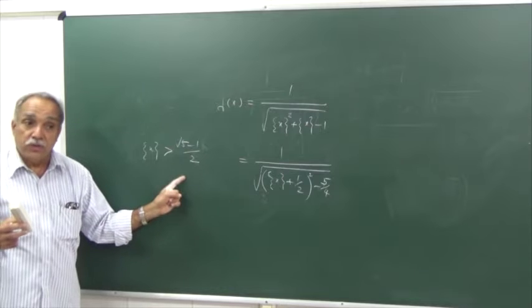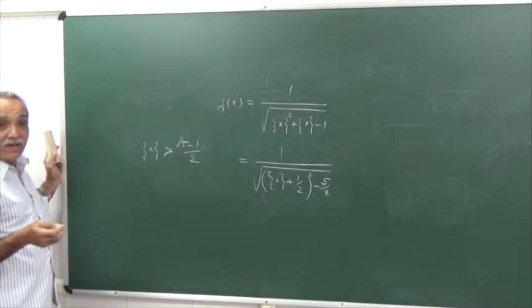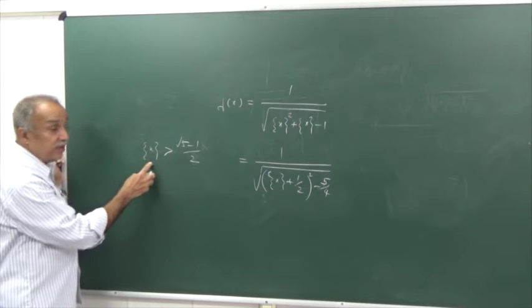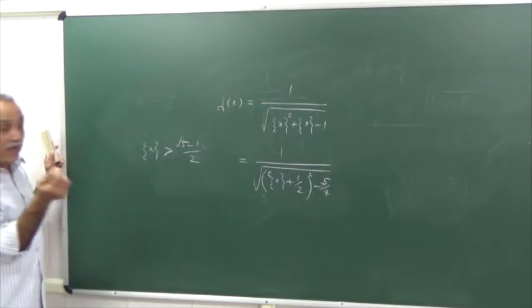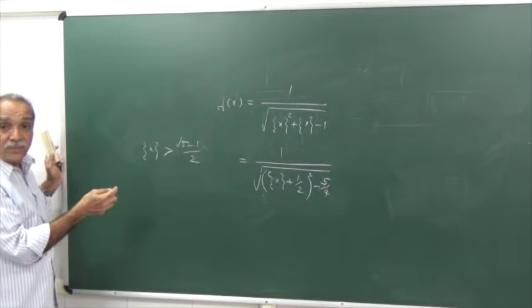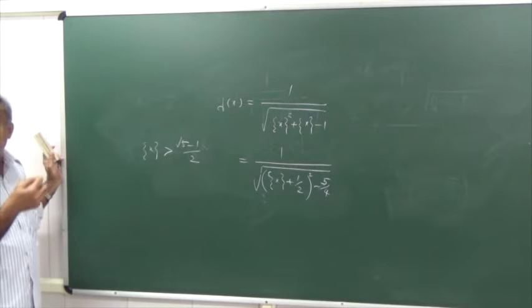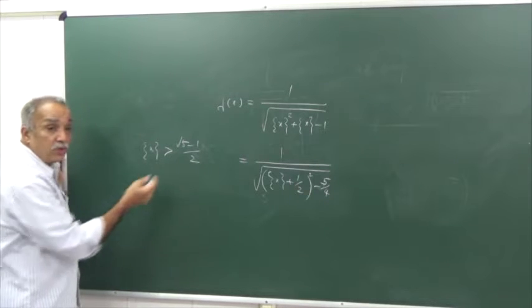We need to retain those points. Which are those points? The least value the fractional part of x can have is this. Mention one number having fractional part equal to this. Next, I will find a general expression for that. Any one number having fractional part equal to this.